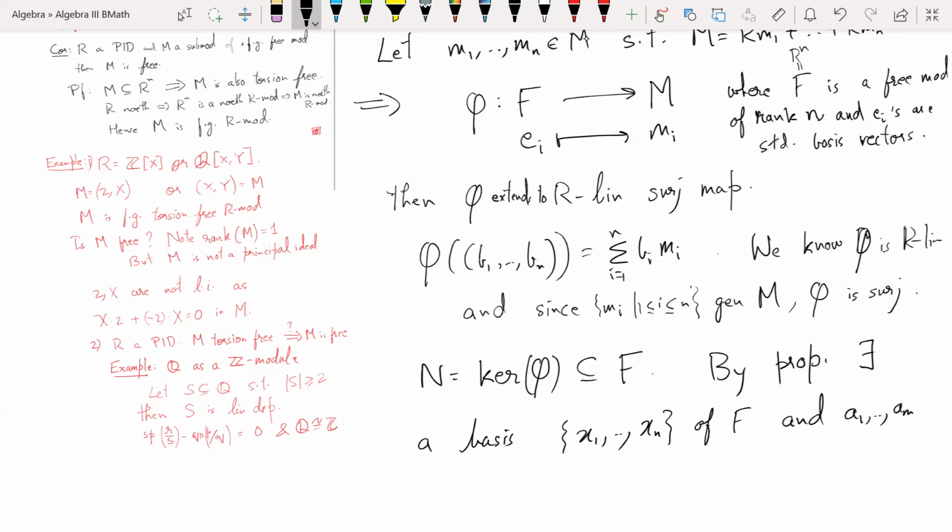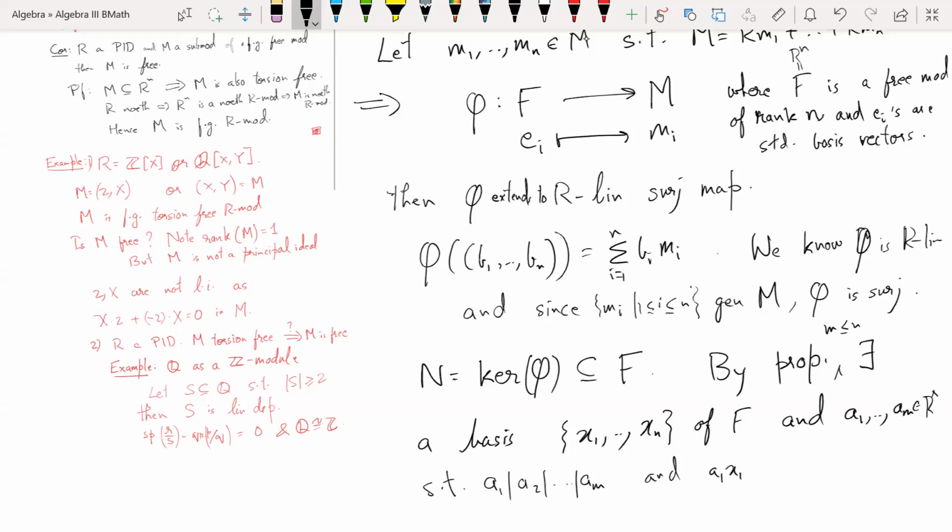So this will be almost the same a1 to am, with a slight difference from the structure theorem, such that a1 divides a2 divides up to am. These are non-zero elements, and a1 x1, up to am xm, where m is less than or equal to n.